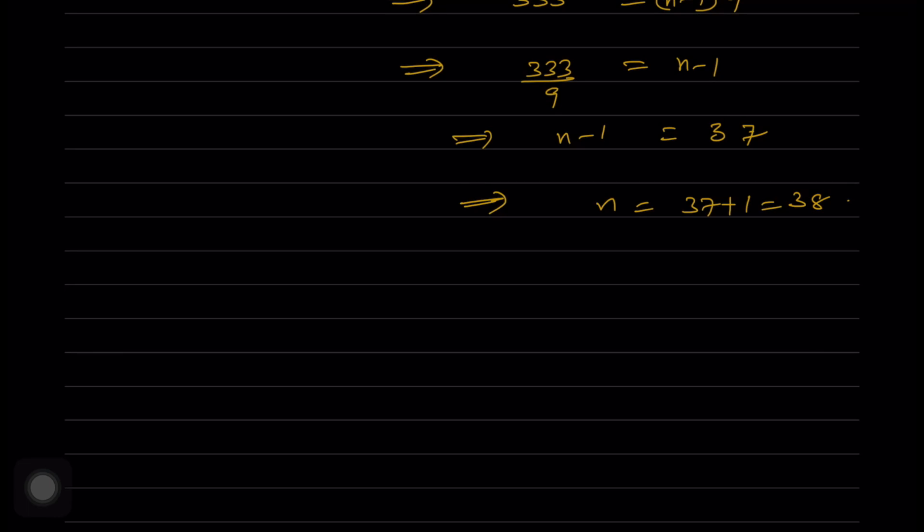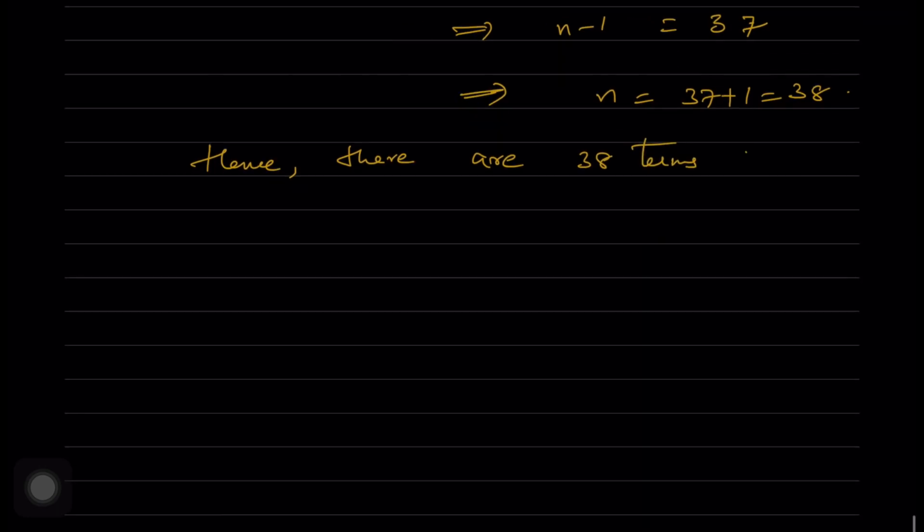N minus 1 is equal to 37, which implies that n is equal to 37 plus 1 is equal to 38. Hence there are 38 terms.